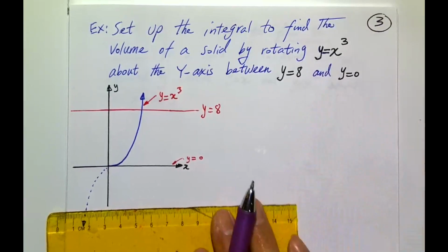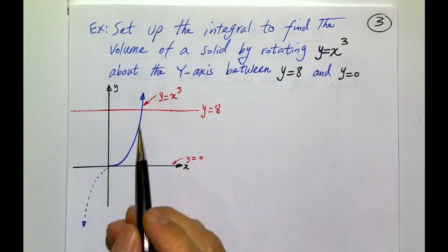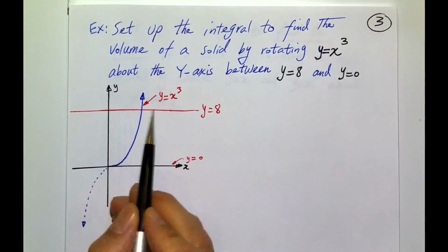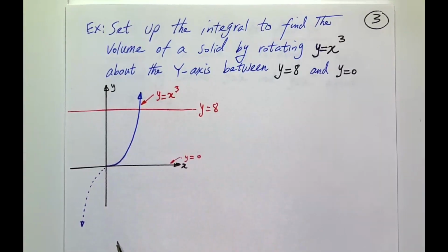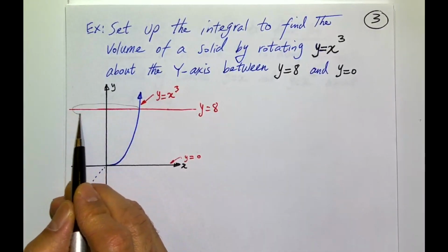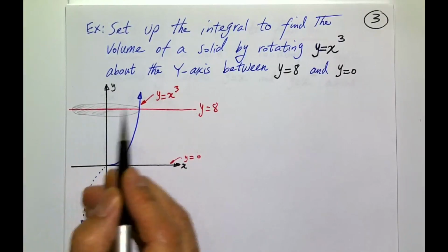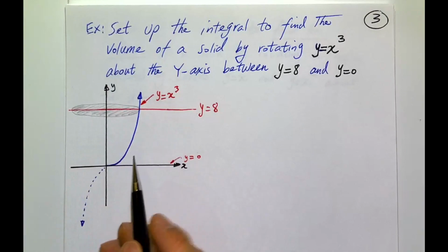But if we rotate, and I'll use my pencil for that, from y equals 0 to y equals 8, so that would be along the y-axis, about the y-axis, what are we going to get? What do you think this is? If we rotate that function about the y-axis, what are we going to get?